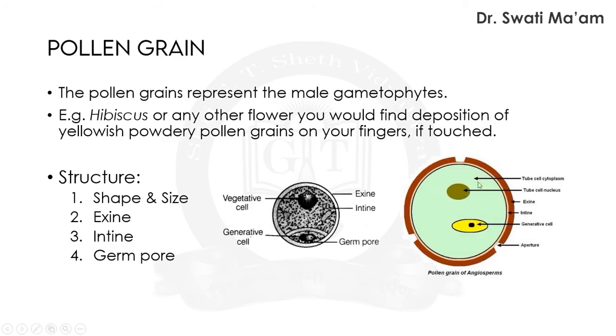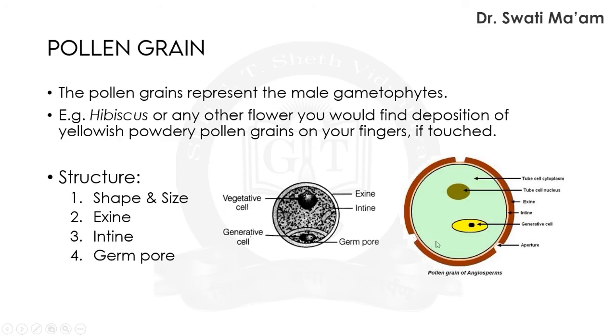You can see here the name is given aperture. Actually this is known as germ pore. When the pollen gets matured and settles on the stigma, these pollens germinate and reach up to the ovary to fertilize. So this is a continuous layer, intine, and germ pore.